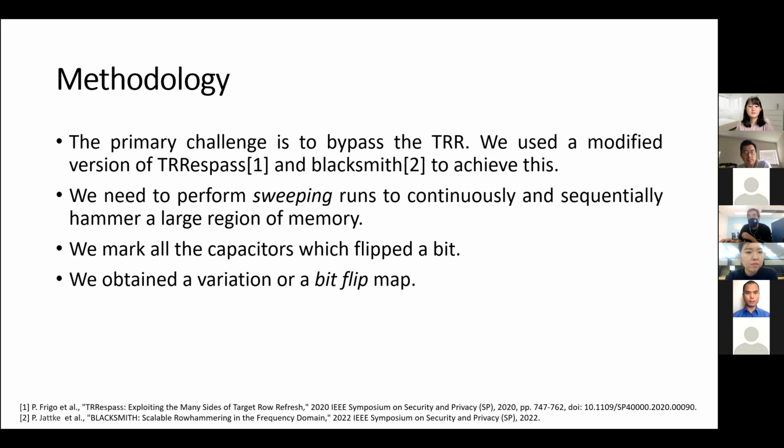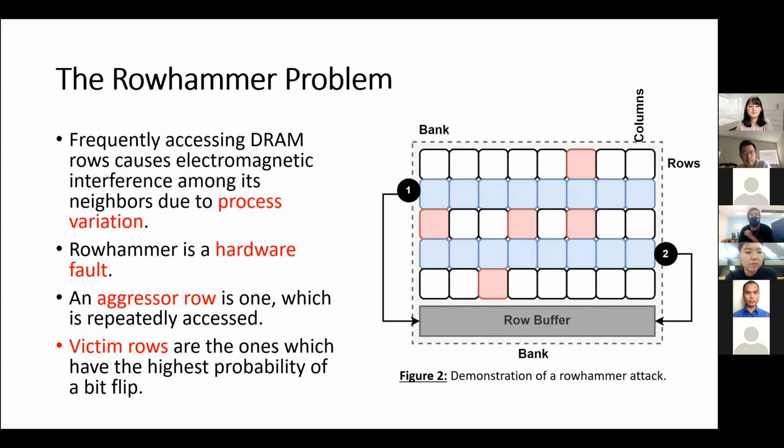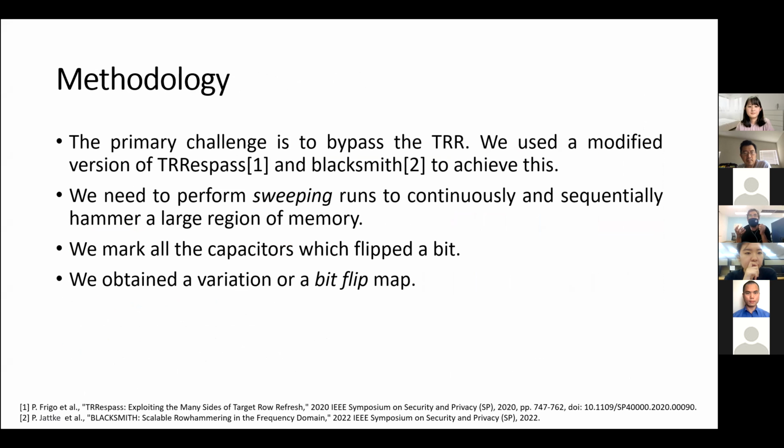We have two primary aggressors, the blue ones, and a large number of decoy aggressors, which we activate a couple of times and then ignore, to fool the TRR mechanism that we are performing a row hammer attack. After a certain number of rows, the TRR mechanism is unable to track them, and that's how we bypass it and cause a bit flip in the DRAM memory.